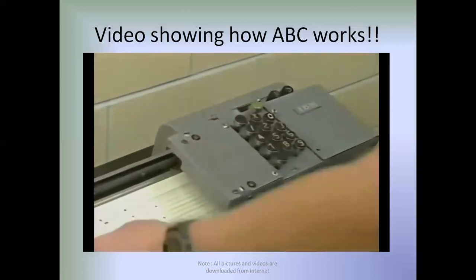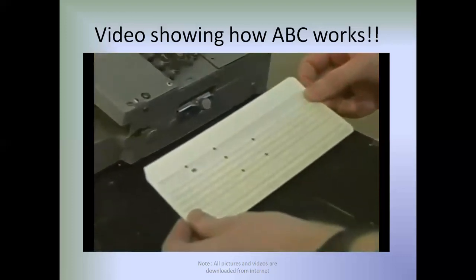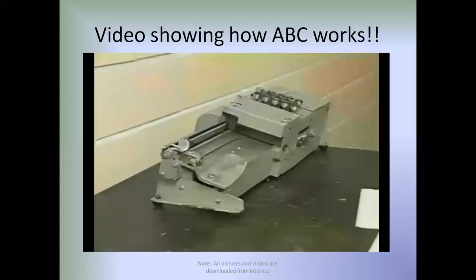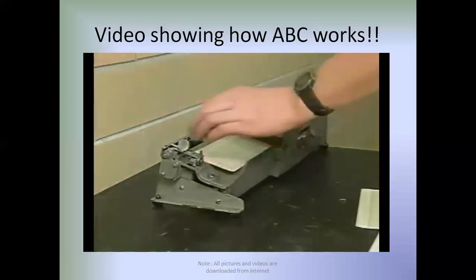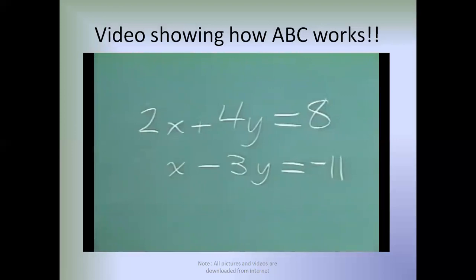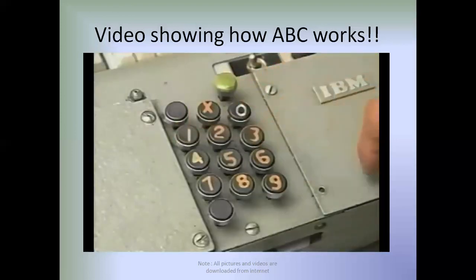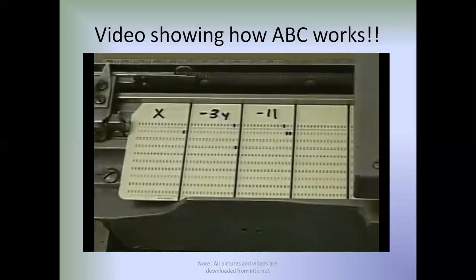The ABC did not use floating decimal points, so you scale up the numbers until everything is to the left of the decimal point. That took about a minute. While we're at it, we'll make the card for the second equation as well. For x minus 3y equals negative 11, we enter 1, minus 3, and minus 11. Notice that to make a number negative, we type a 0 for the first digit. If it's blank, it's assumed positive.